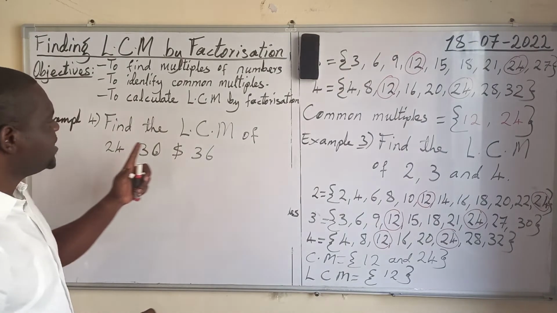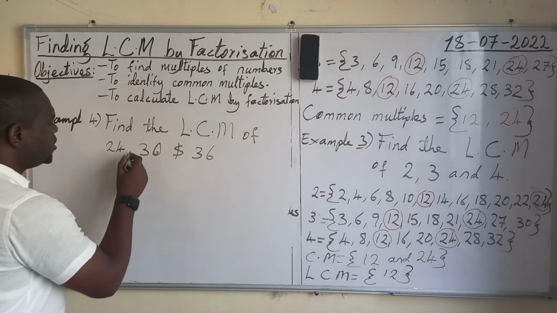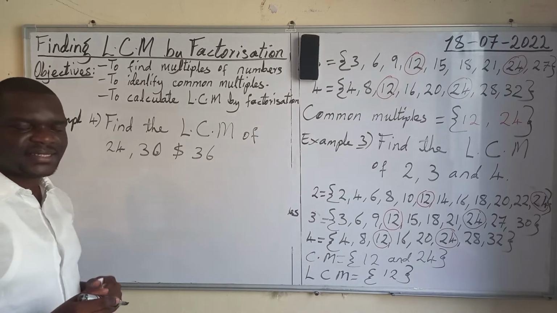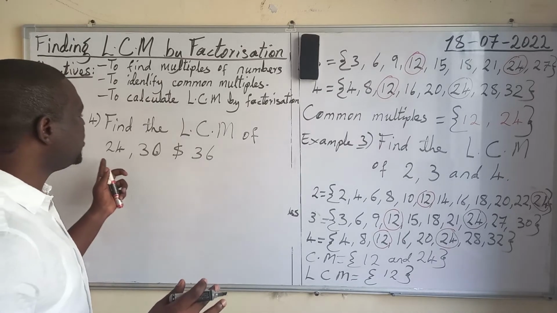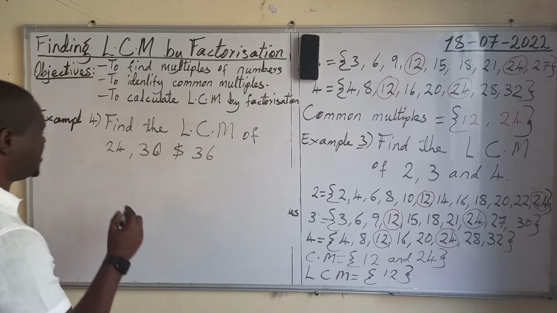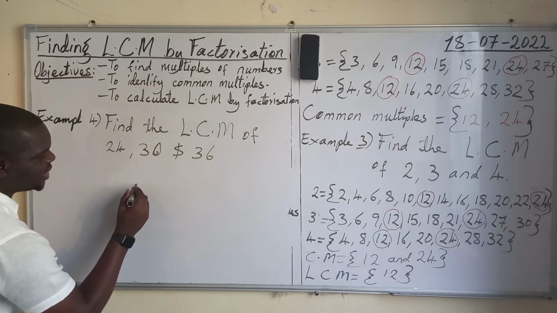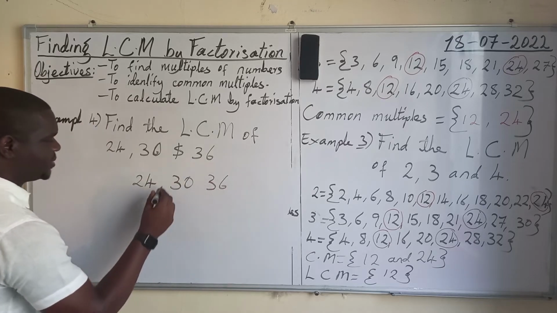Okay, find the least common multiple of 24, 30, and 36. This is what you do to come out with the lowest common multiple, and by means of factorization. You write it out again: 24, 30, 36.